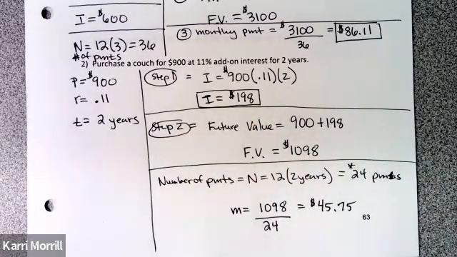I don't think I've said this, but maybe you've already noticed, higher interest rates mean higher interest amounts, right? 11% interest is actually a pretty big interest rate. Credit cards sometimes go up to like 21% interest, which is huge.